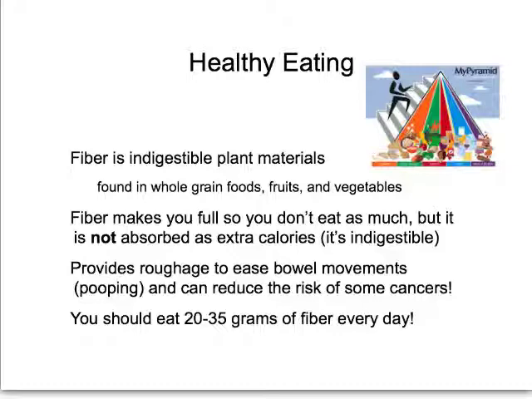We don't have the enzymes to break it down, and the bacteria cannot break down all of it in our large intestines. Basically it provides what my grandmother used to call roughage to ease bowel movements, so it helps you poop easier, and it can also reduce the risk of some cancers.